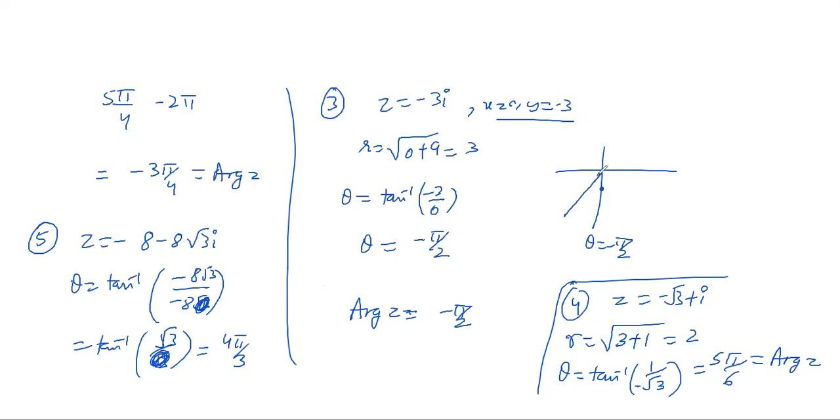Theta is 4π/3, but this is not the principal argument. So what you do is come from the other side. So -2π/3 is the capital argument of Z. It's 4π/3 minus 2π, which is -2π/3. Right?